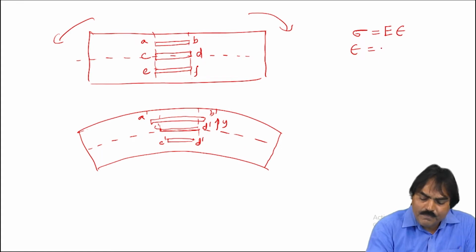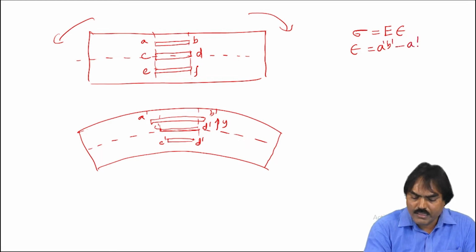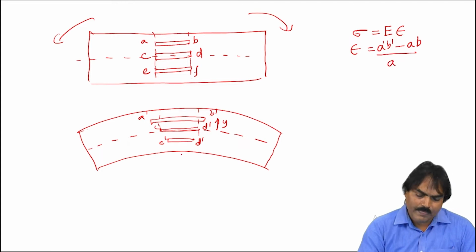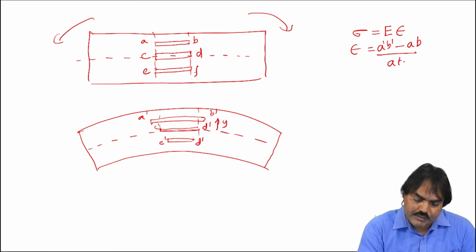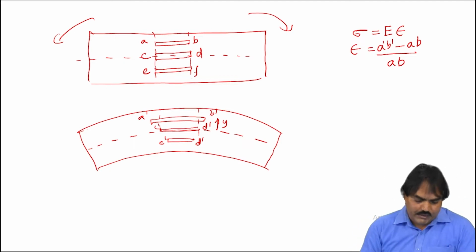What is the change in length? A dash, B dash final length minus AB initial length, divided by AB the initial length. This is the strain within the element.